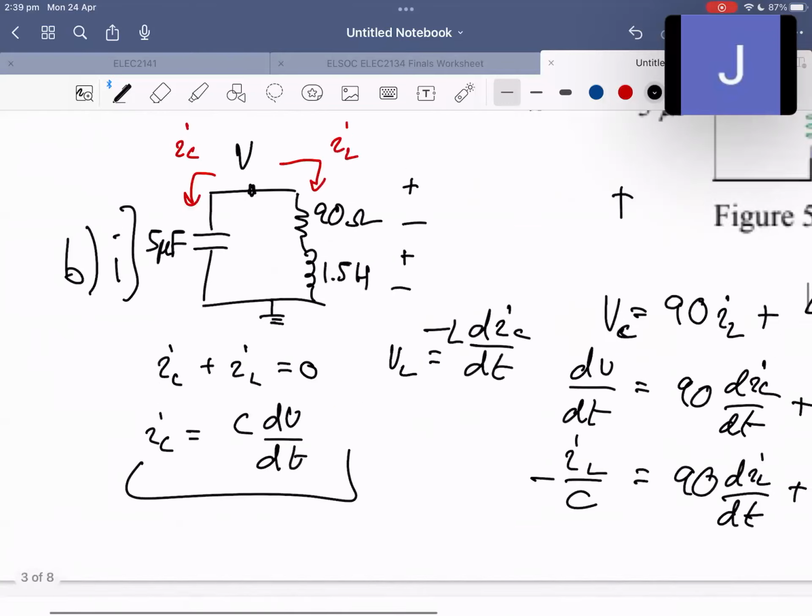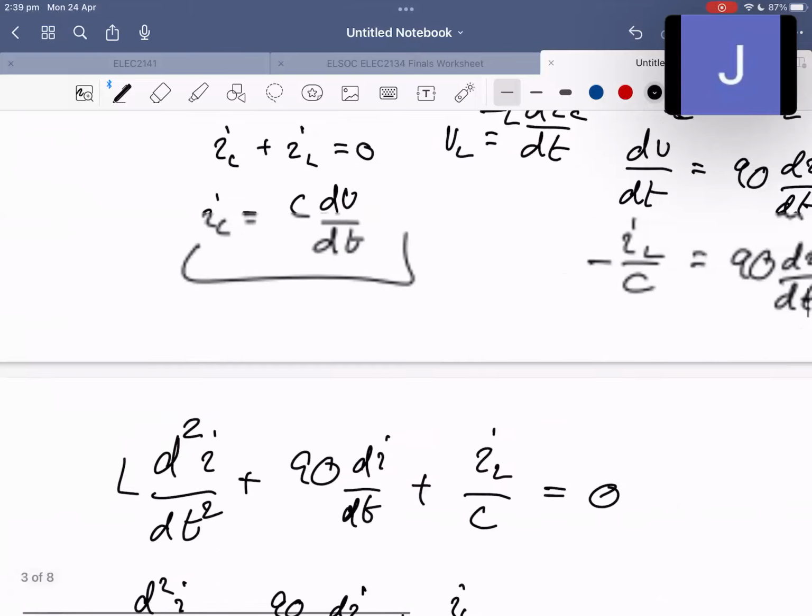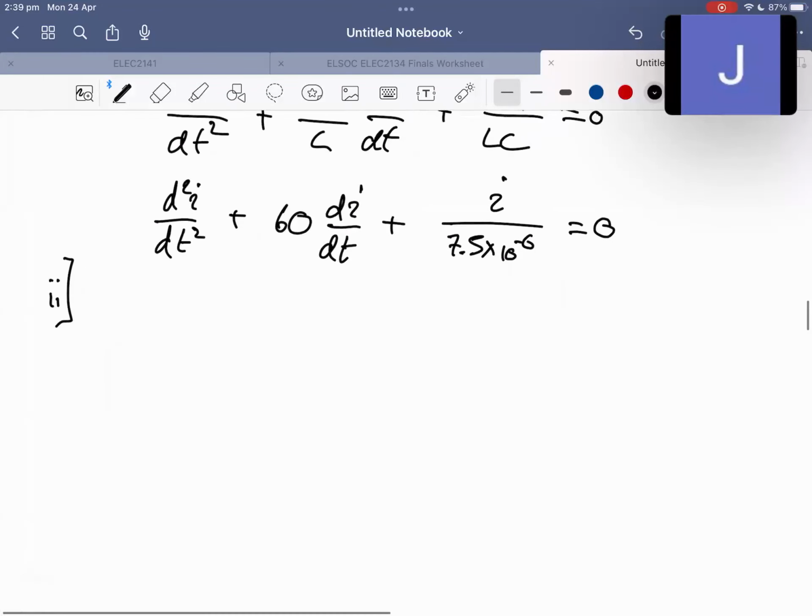The next part is state the type of response. In 2134, they systematically teach you to look at the equation, calculate your alpha and omega n, and compare, and that's the type of response you have.